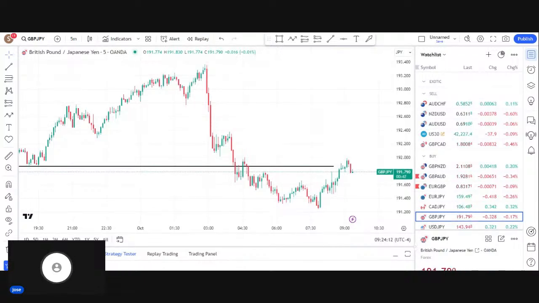My approach is very different. I don't trade pairs. I only trade setups. So the setup can occur in any pair. I just pick the pair that follows my criteria from step one to the last step.